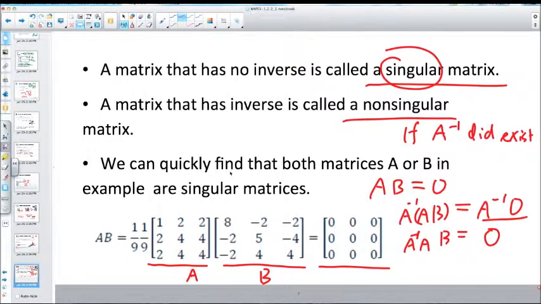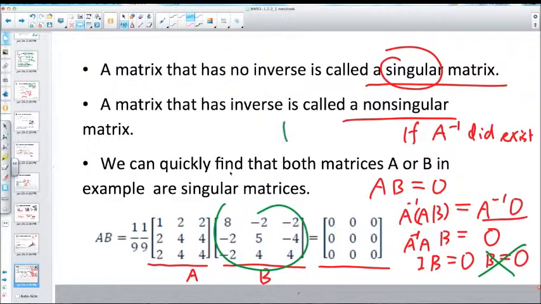And then you get I times B equals 0. And I times anything equals itself. Then you have B equals 0, which is not true. B is right here. It's not 0. 0 means all zeros. The same, if the B inverse exists, you get something wrong about A. So none of them have an inverse, then both of them are singular.